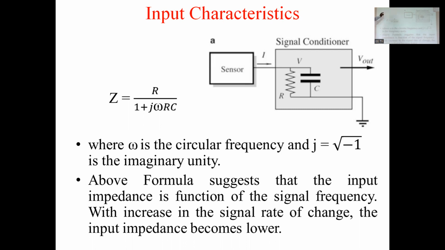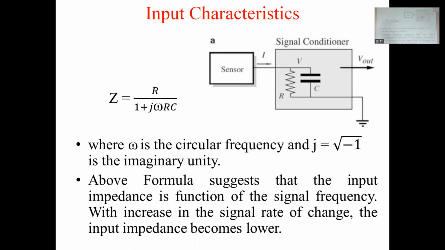Okay, this omega is nothing but circular frequency, and from that equation it is suggested that the input impedance is a function of frequency, right? Signal च्या frequency चे काय असेल function असेल.